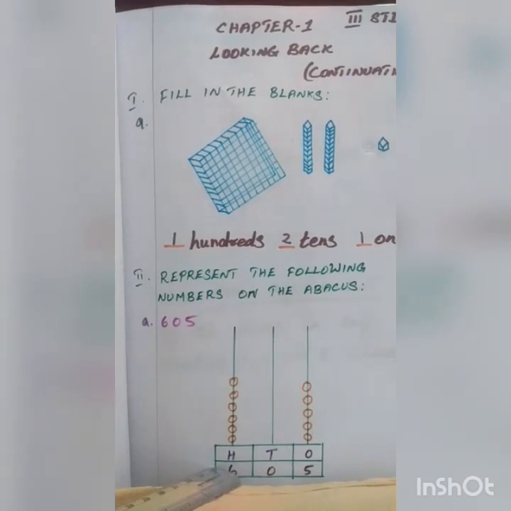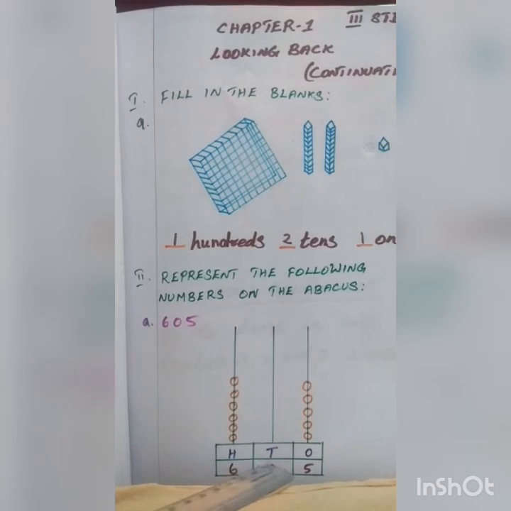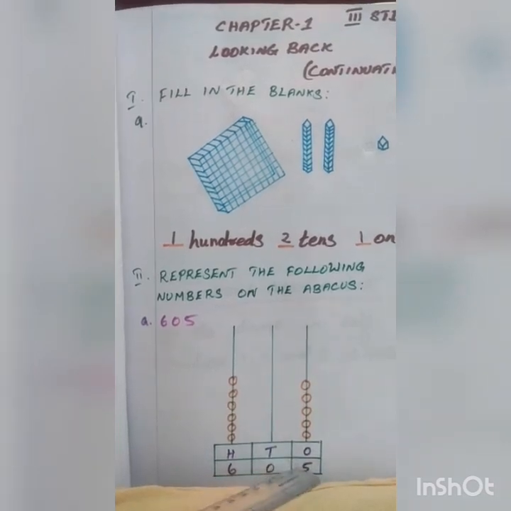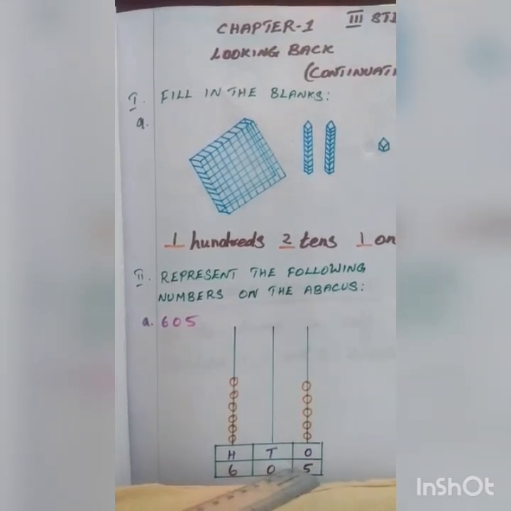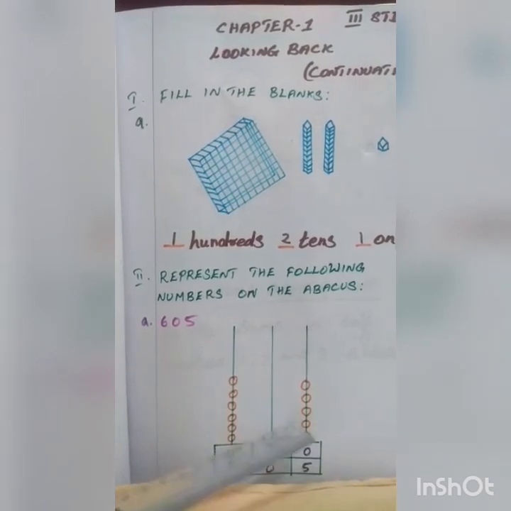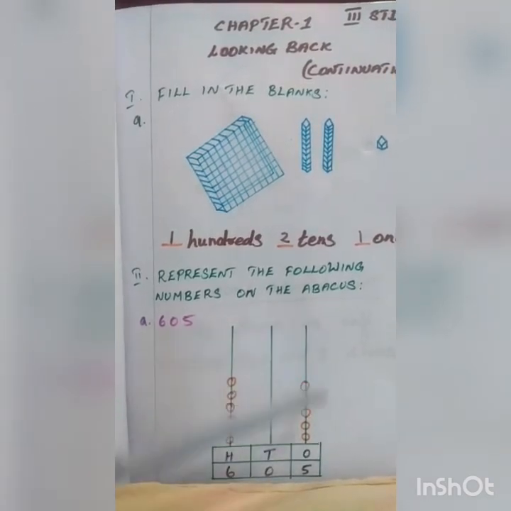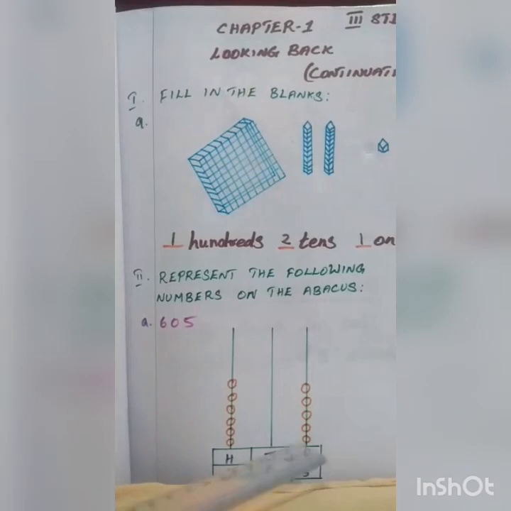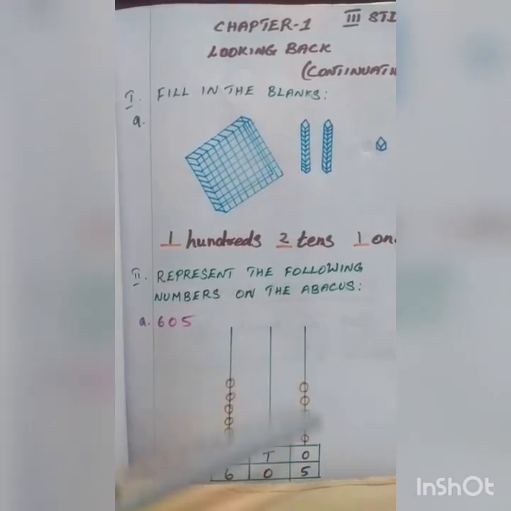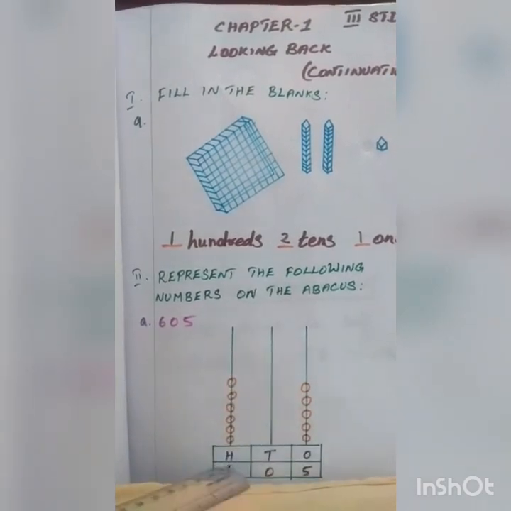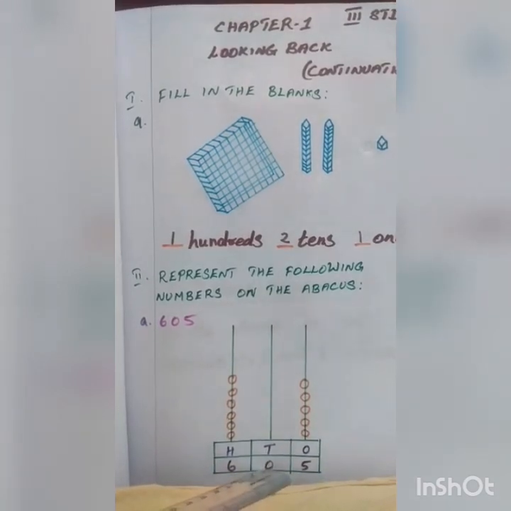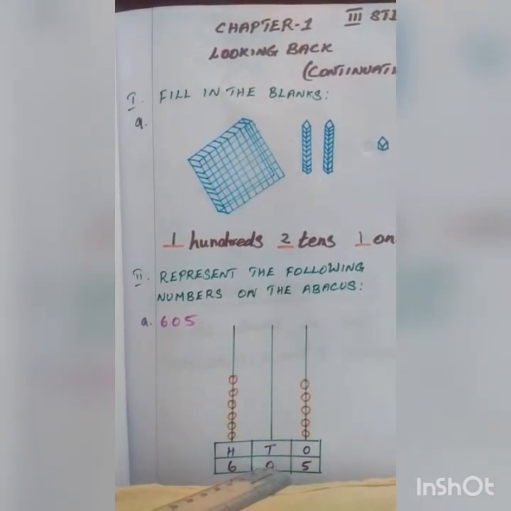Now you have to draw the beads for the number. So what number is in the ones place? 5. So you have to draw 5 balls in the ones place string. Okay. How to draw like this. 5 balls you have to draw in the ones place string. Next in tens place what number is there? 0. 0 means nothing.